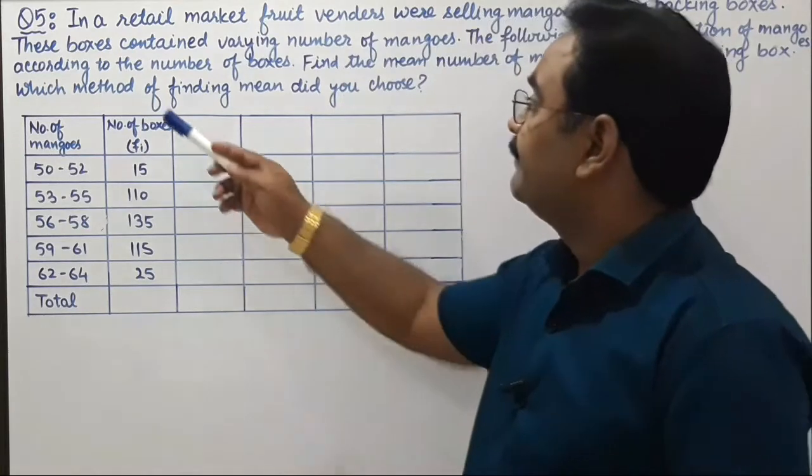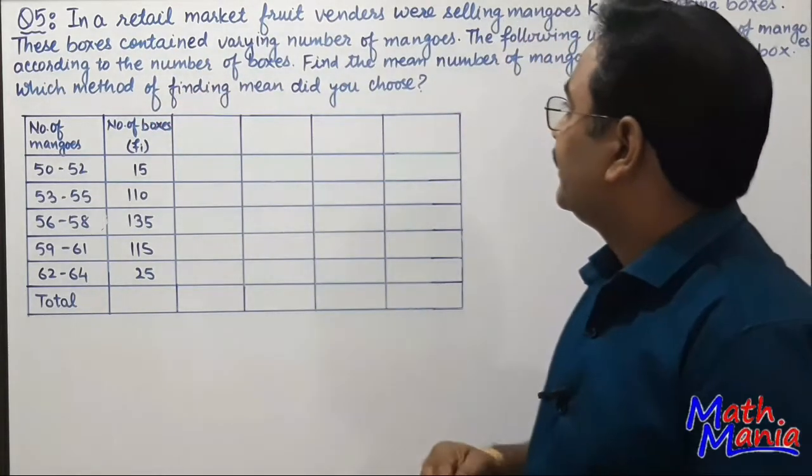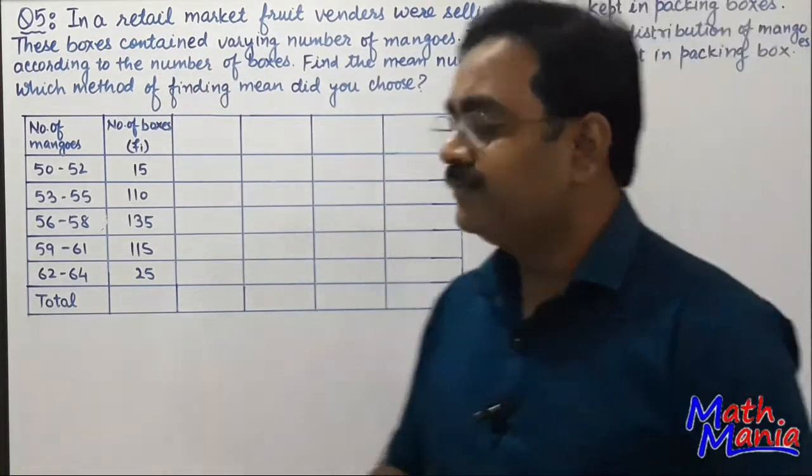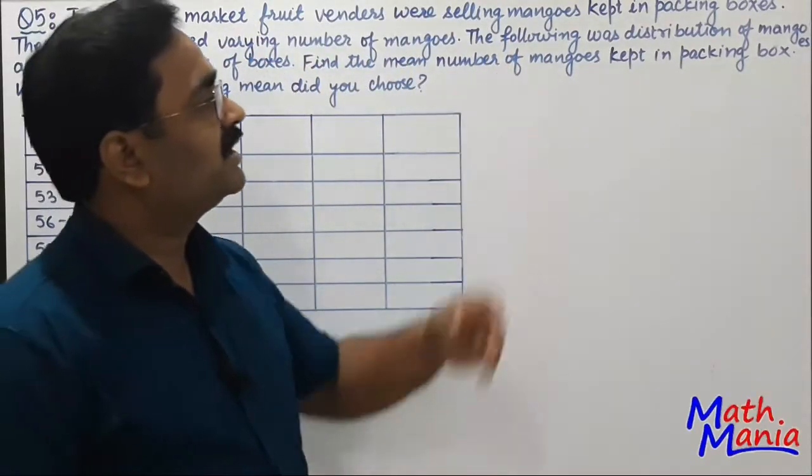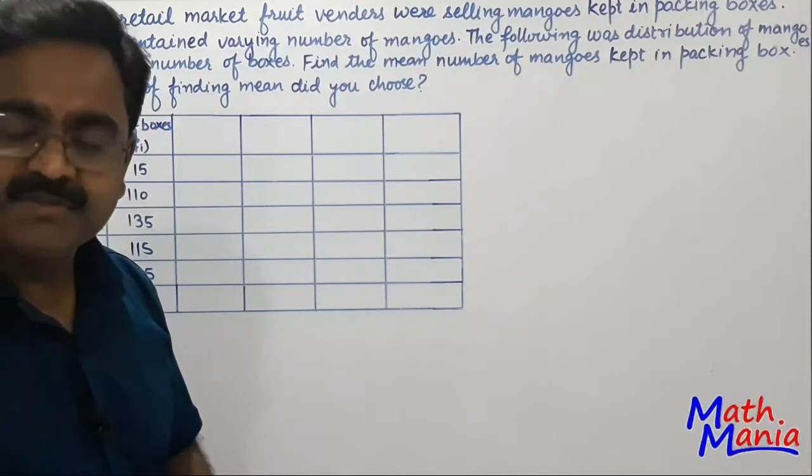The question says that in a retail market, fruit vendors were selling mangoes kept in packing boxes.